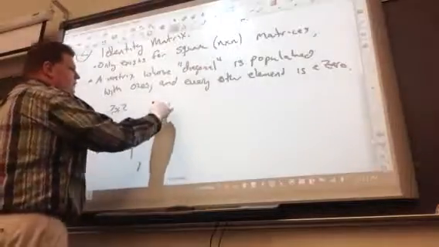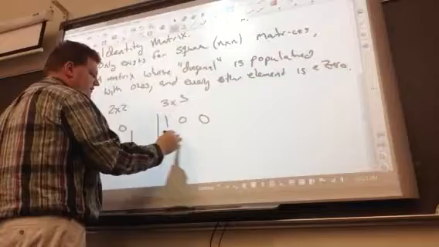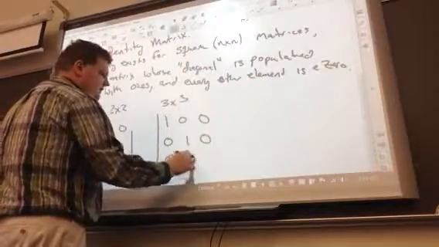The 3x3 identity matrix, 1, 0, 0, 0, 1, 0, 0, 0, 1.